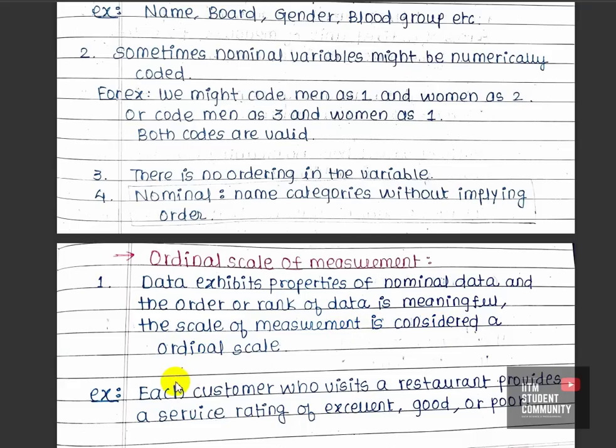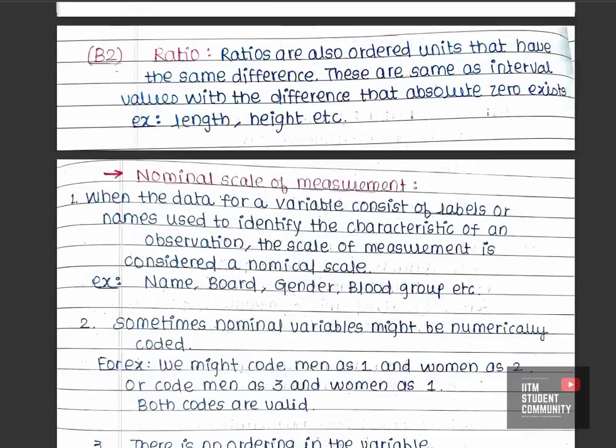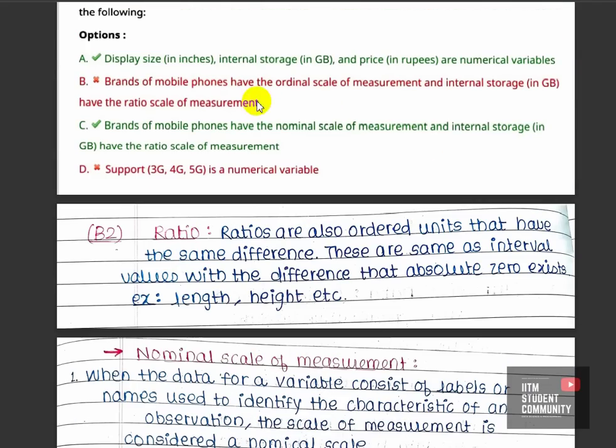For example, each customer who visits a restaurant provides a service rating of excellent, good or poor. Now coming to the option, brands of mobile phones, for example, Samsung, OnePlus, Vivo, Oppo, we cannot arrange them in a certain order, hence they don't have ordinal scale of measurement.